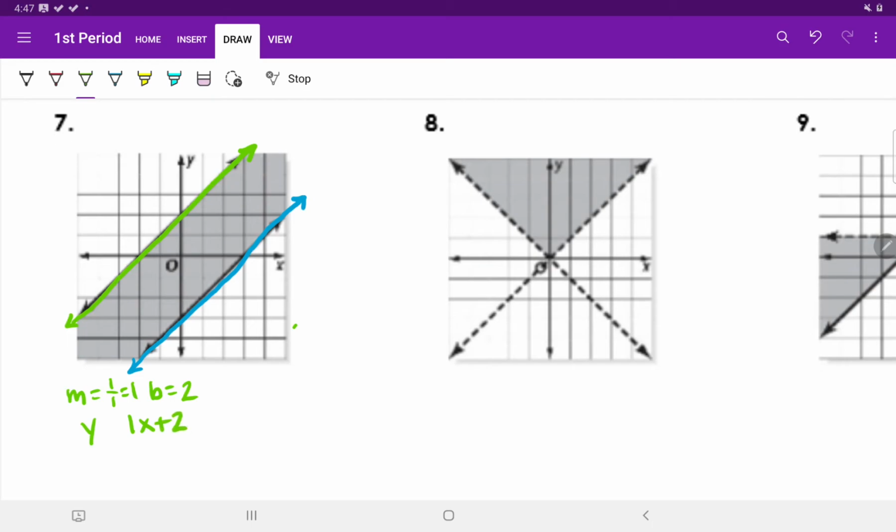But in an inequality, we don't write equals. The shading is below this line. So we're going to be using a less than symbol. But since it's a solid line, it'll be a less than or equal to. So I'll write this down. Below and solid gives us a less than or equal to.